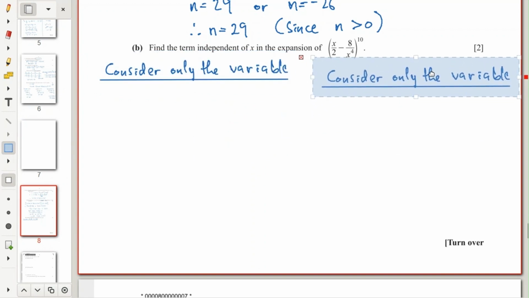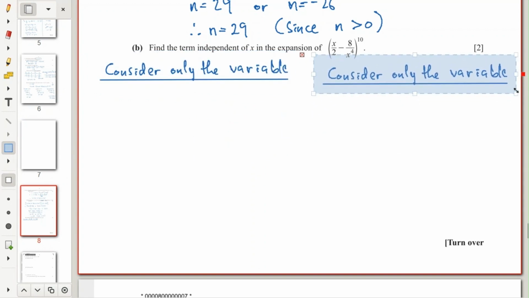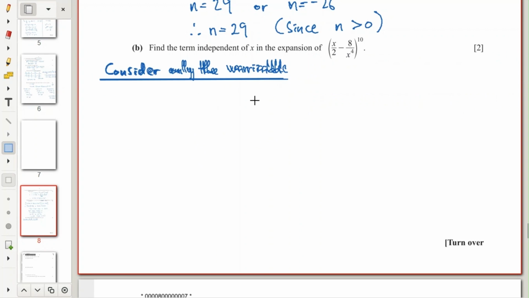And when you finish, you come and consider only the numbers. So now here the variable, let me write it in the index form. Here is x, so just write x, put in a bracket like that.